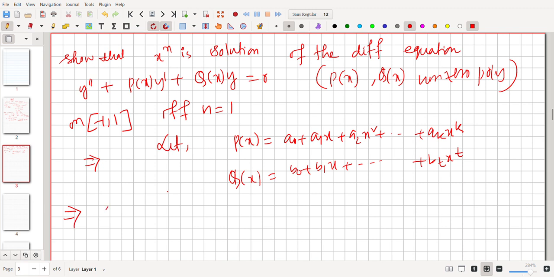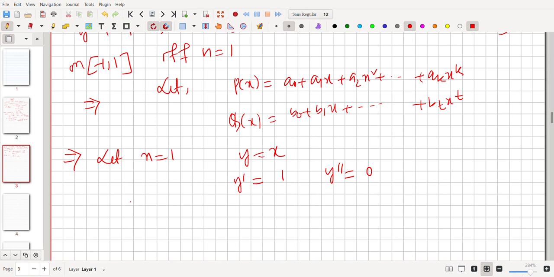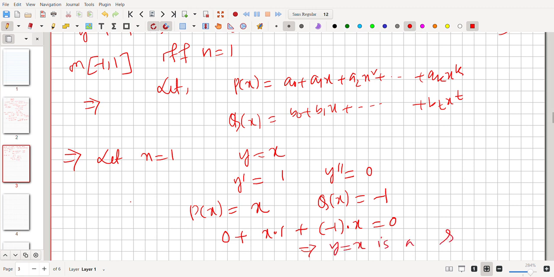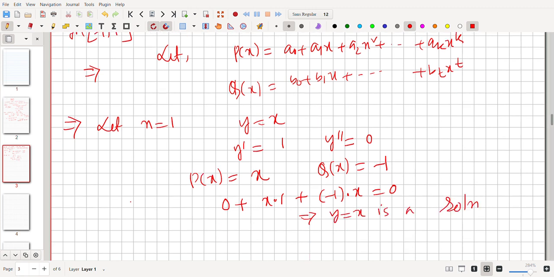So let n = 1, then y = x, y' = 1, y'' = 0. In particular, if I choose p(x) = x and q(x) = -1, then 0 + x times 1 + (-1) times x is 0, which implies that y = x is a solution. So one part is done.